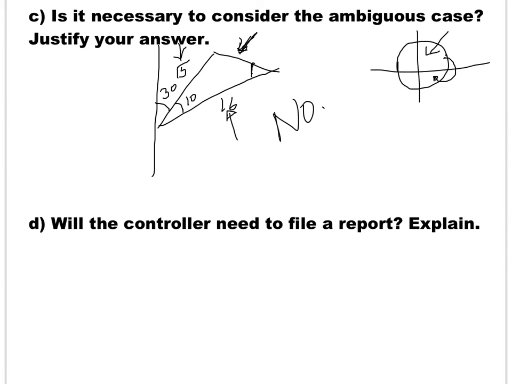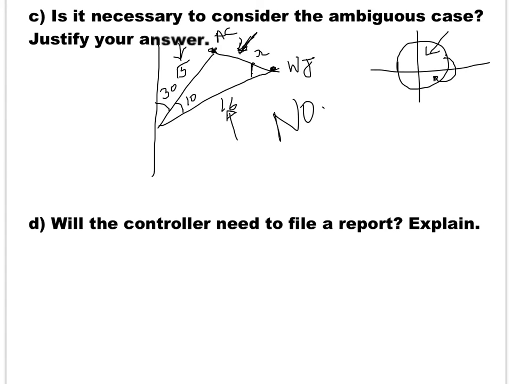Now the last part of the question says, will the controller need to file a report? Explain. In this case, what we have to find is the distance from this point, which is Air Canada, to this point, which is WestJet. Let's call this one x.